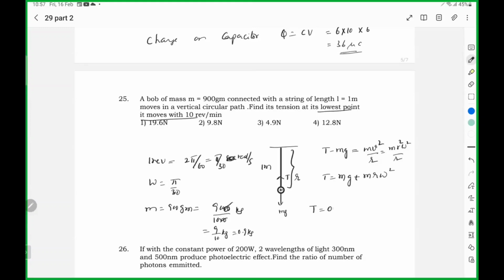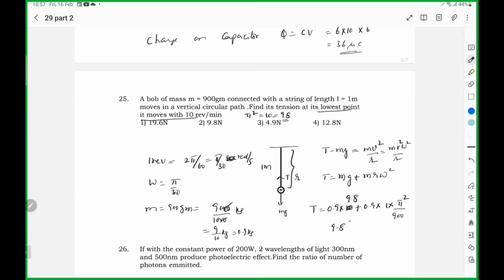So tension here is 0.9, g is 10. Radius is nothing but 1. Omega square is pi square by 900. So here pi square roughly 10, or even you take g as 9.8.